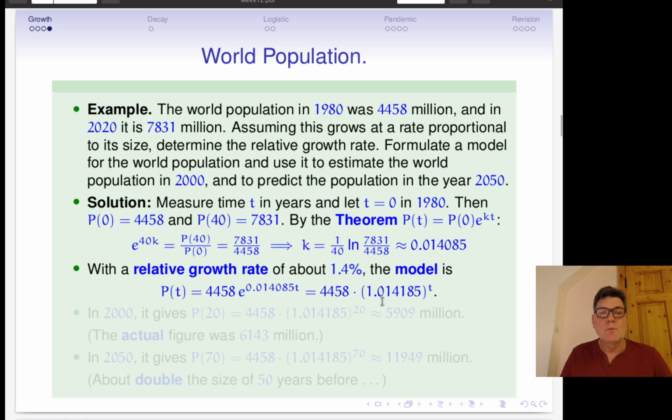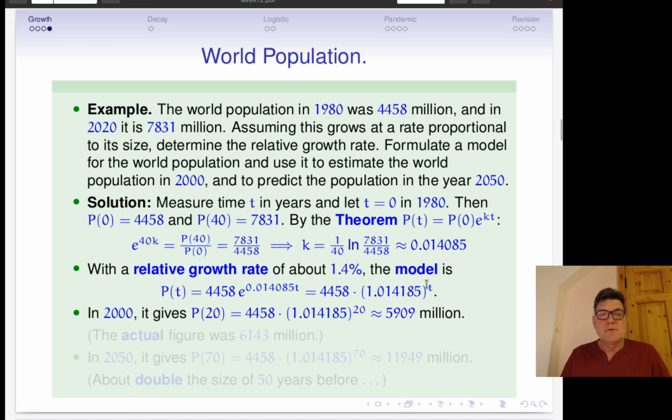That gives 1.014185. So we can describe this function as 4,458 times the tth power of 1.014185. Now to answer the outstanding questions, what is the world population in 2000 and 2050? For 2000, this gives p evaluated at 20.